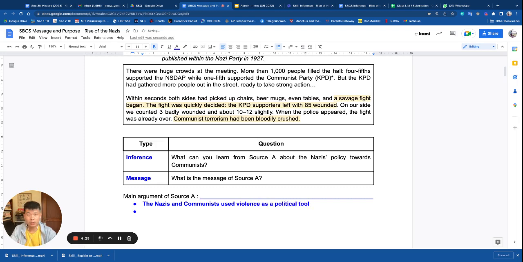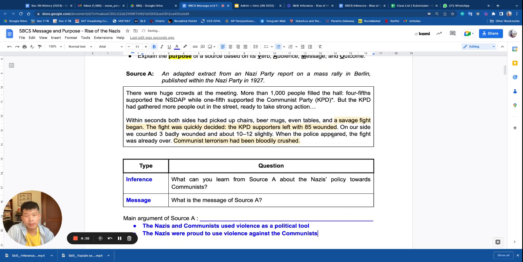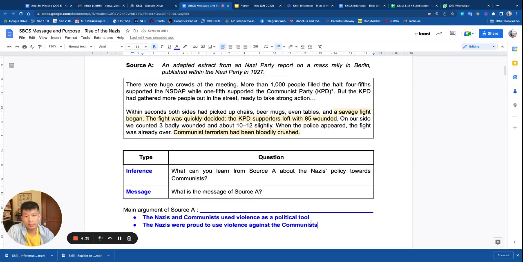Another is that the Nazis were proud to use violence against the communists. So when we look at this source, I think these ideas really come out. Even, the Germany in late 1920s was full of political violence.